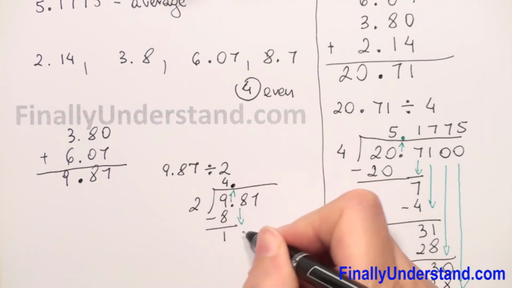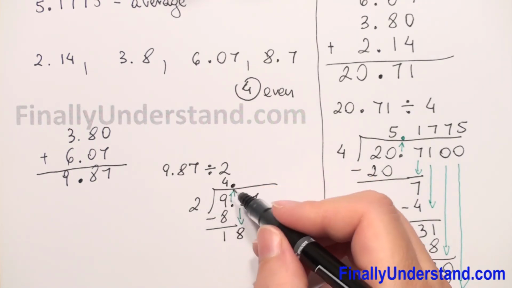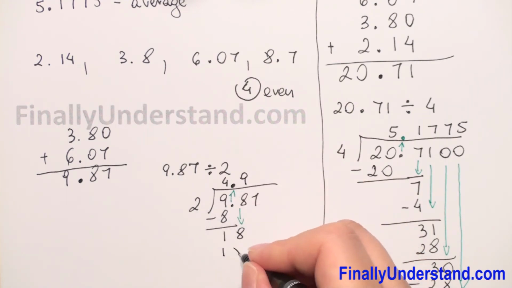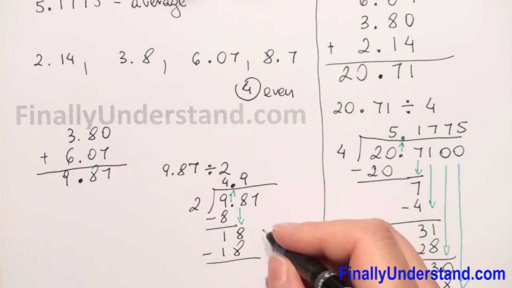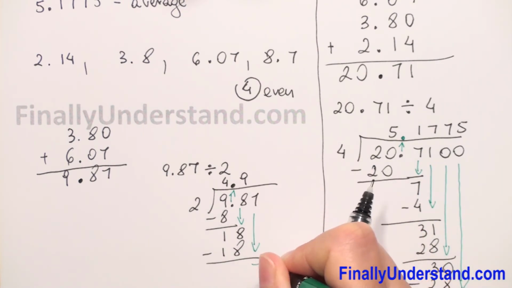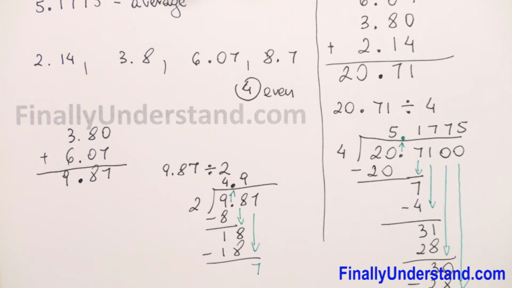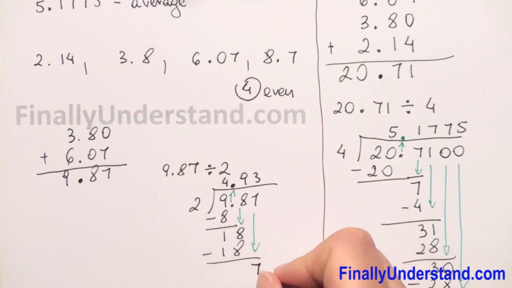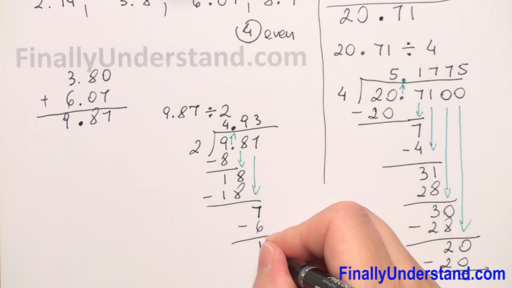So we have the decimal point, and now we have 18 divided by 2 is 9. 9 times 2 is 18. Subtraction, so it will be 0. Next we take down the next digit, 7. So we have 7 divided by 2 is 3. 3 times 2 is 6. Subtraction. 7 minus 6 is 1.